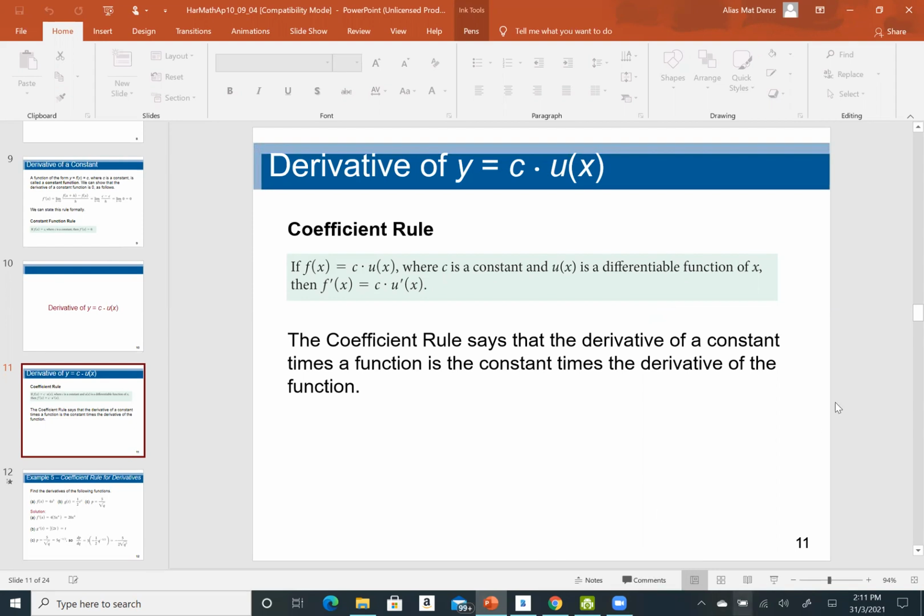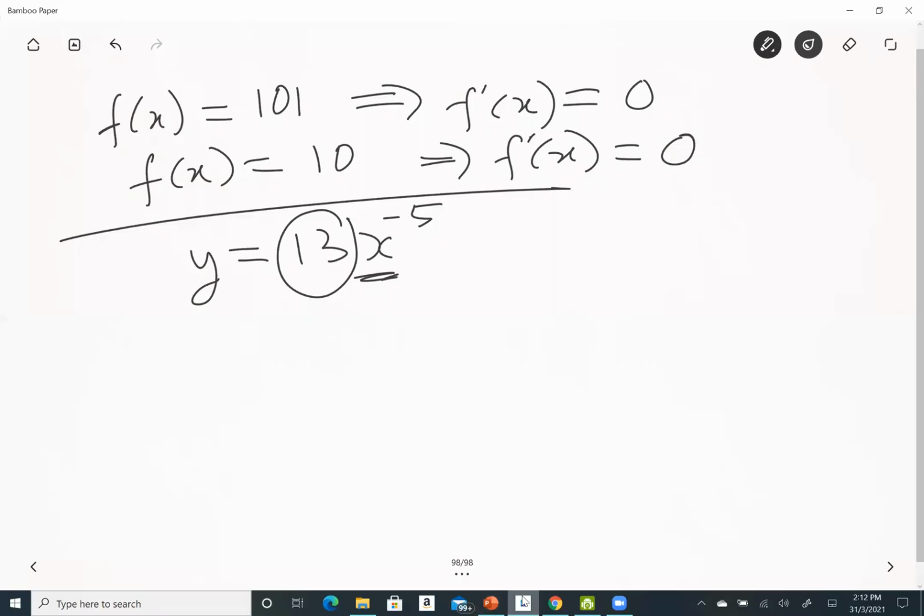So the constant will just follow the derivative. So don't worry about the constant. Okay, just keep the constant as it is and multiply by the derivative of the term in x. So that would be the rule. So if you look at the rule there, the constant will just follow the derivative.